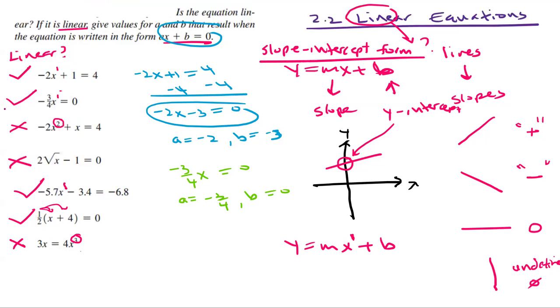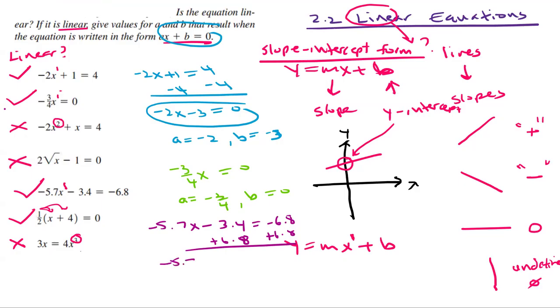Okay. So we have negative 5.7x minus 3.4 equals negative 6.8. Okay. So again, we just need to move that right side to the left. So we're going to add 6.8 on both sides. Okay.